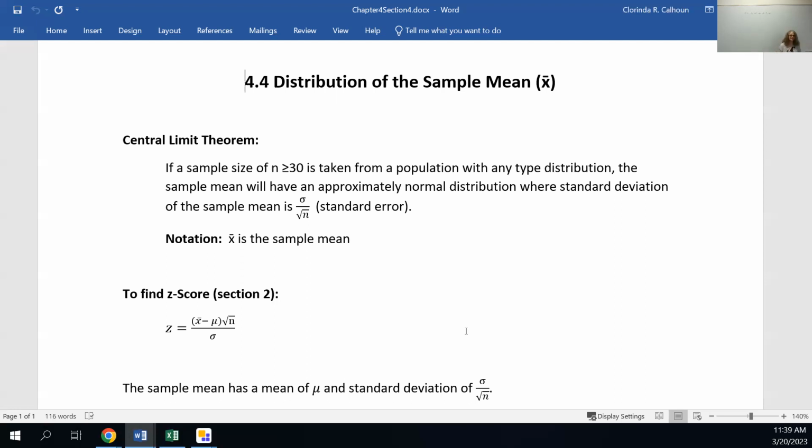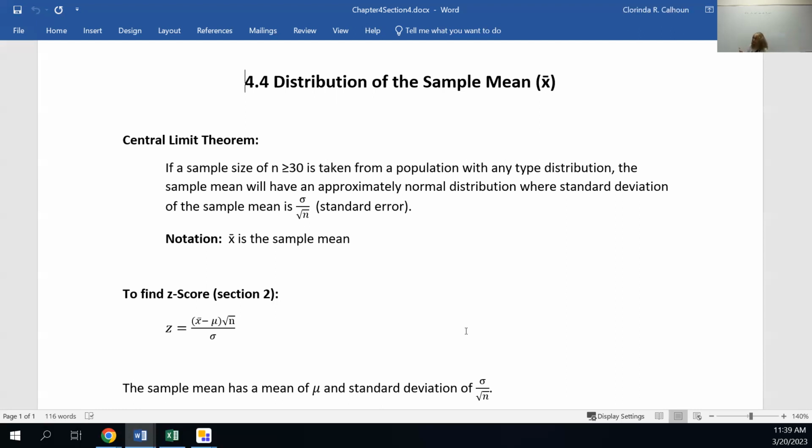It can be any type of distribution. It can be the binomial distribution, and you're still going to be able to look at a z-score because we're going to consider it to be approximately normally distributed. So the bigger the sample, the closer it gets to being normal. That's what you learn from the central limit theorem.